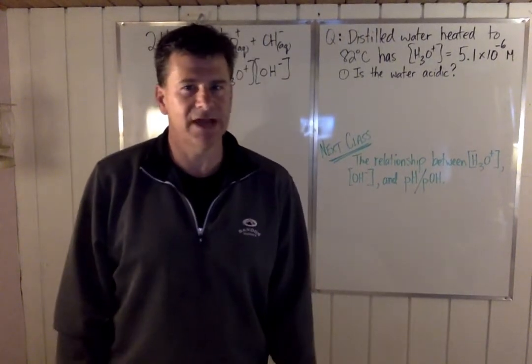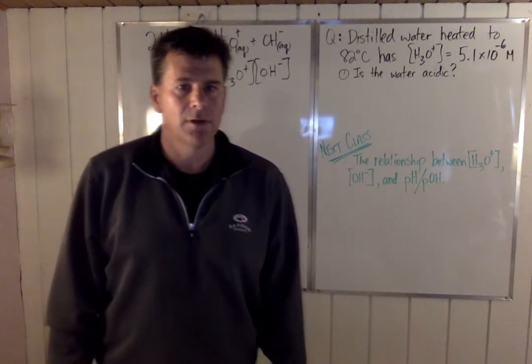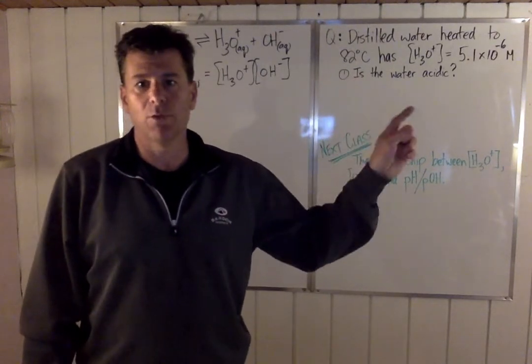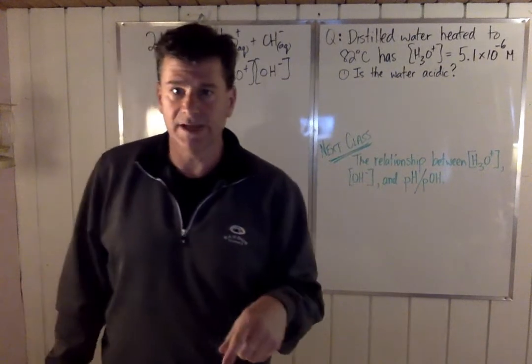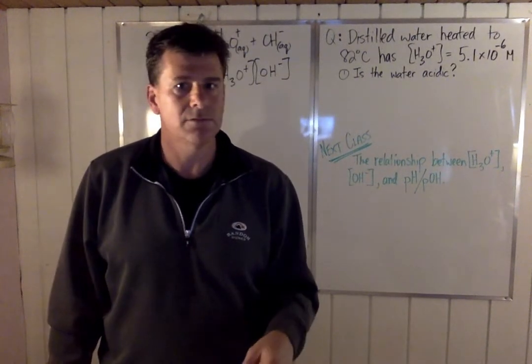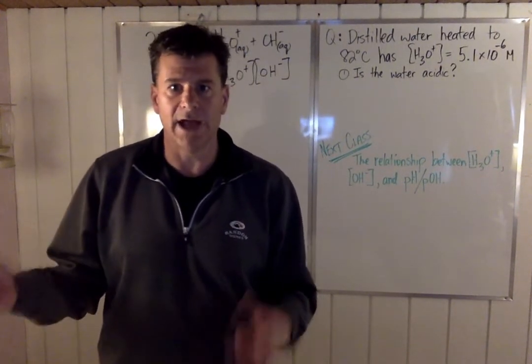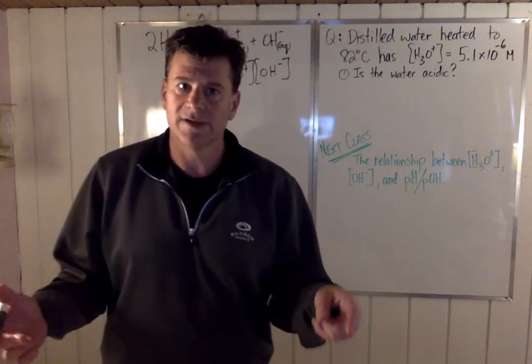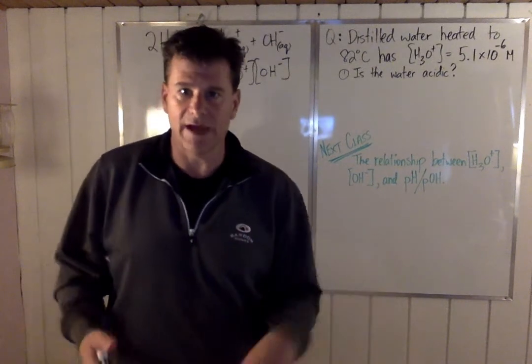Now, where is that question even coming from? Well, I've said that the hydronium concentration is 5.1 times 10 to the negative 6. Well, you've got that number in your head of 1 times 10 to the negative 7. And so this value is higher than that value.